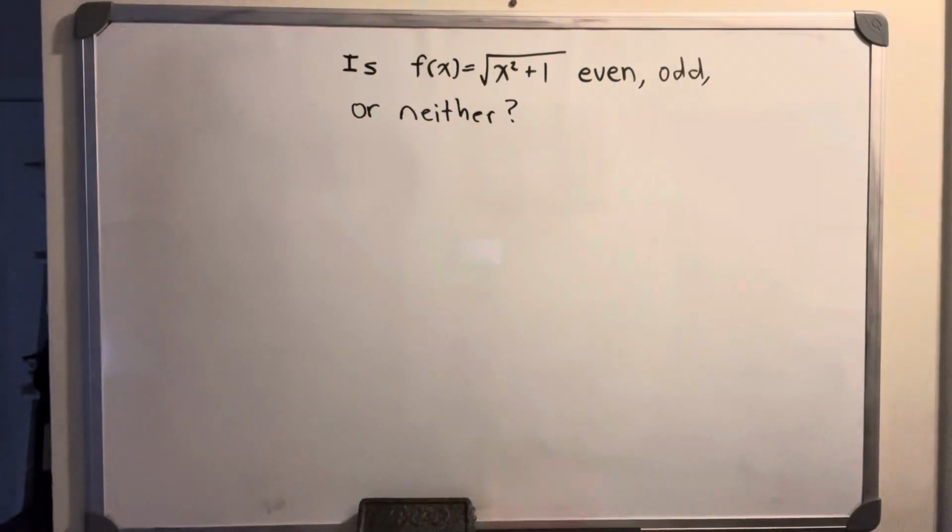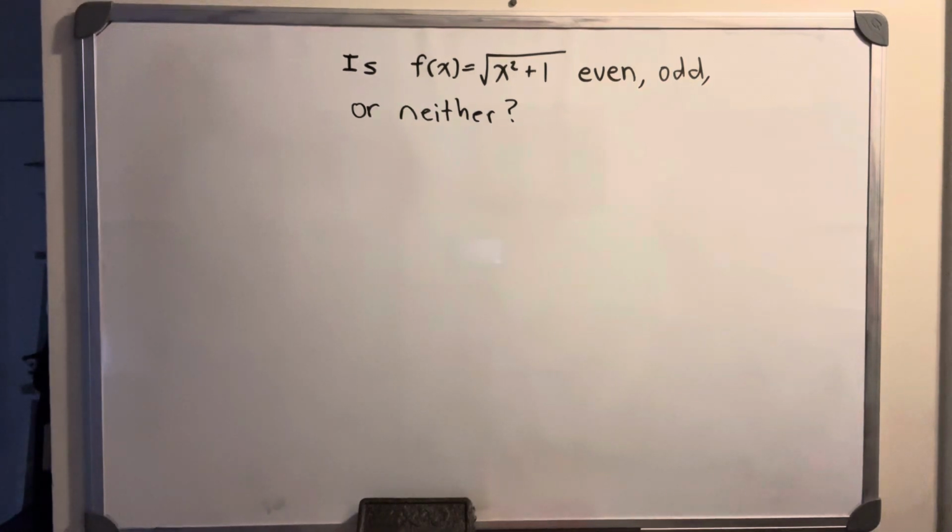This problem says, is f of x equals the square root of x squared plus 1 even, odd, or neither? So for this problem, you need to remember what the definition of an even function is, what the definition of an odd function is.